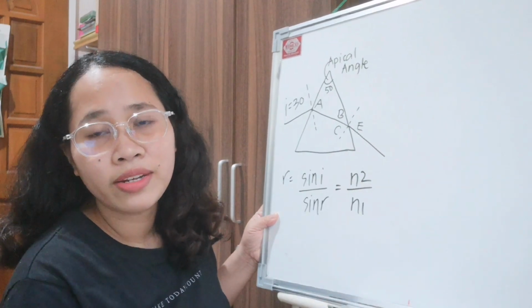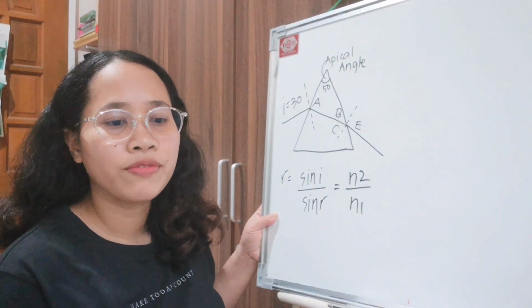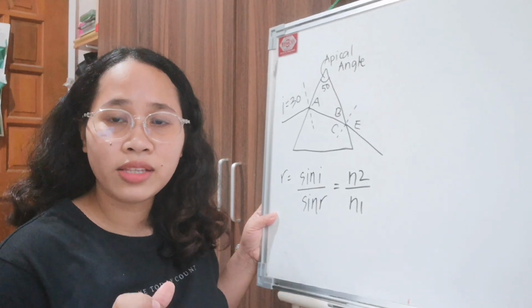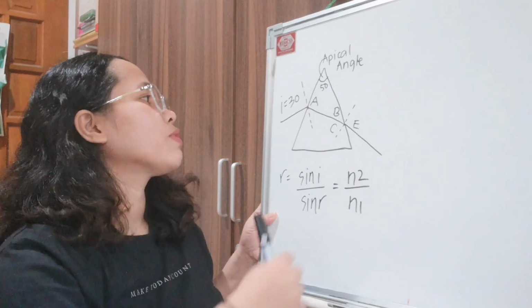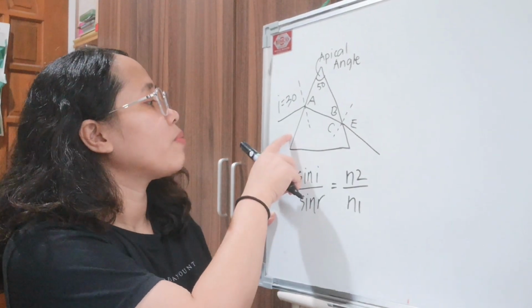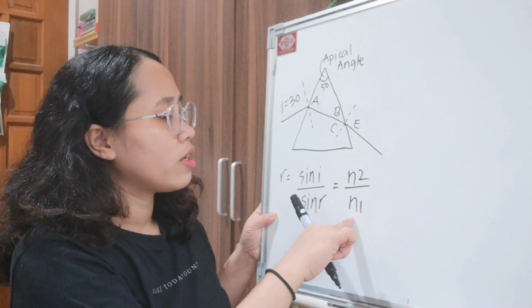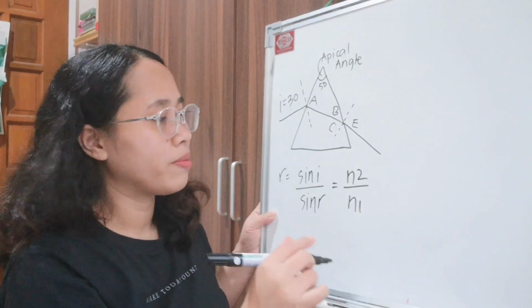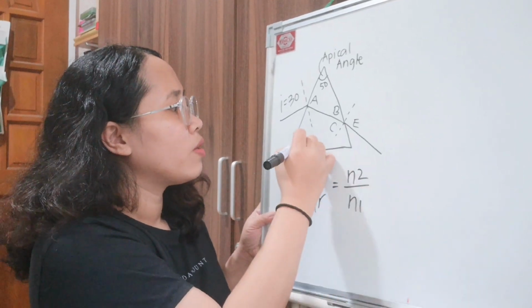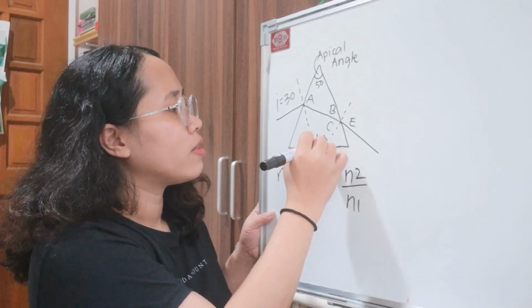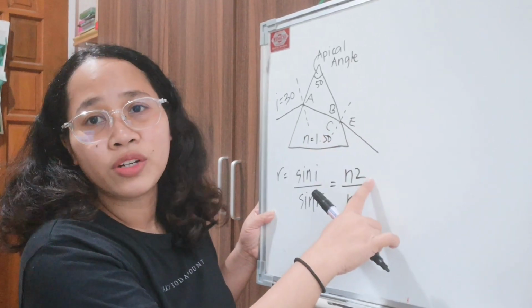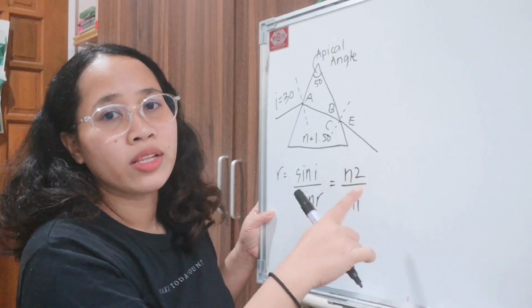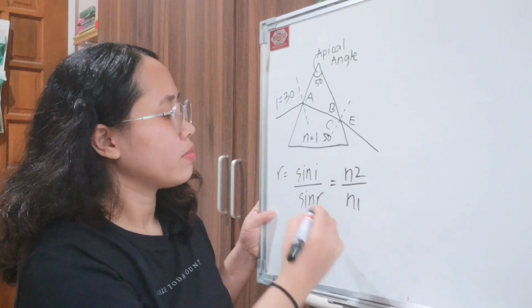N1 here is the index of refraction of where the light is coming from. The light comes from outside the prism, so this will be 1.0, the index of refraction of air. N2 is the index of refraction of the prism, where the light will go in.